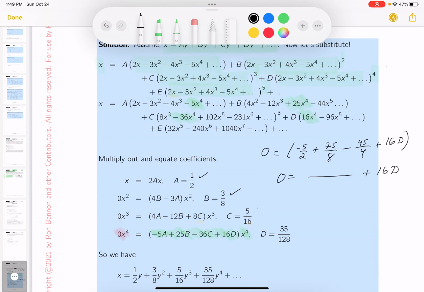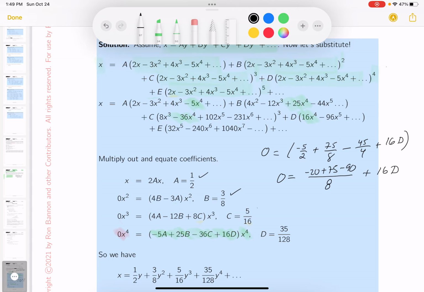Looks like 8. And let me just put that down for you. And then, 4 times 2 is 8. And 4 times 5 is minus 20 now. Plus 75. And then minus 90, right? All right, let's take a look at that.